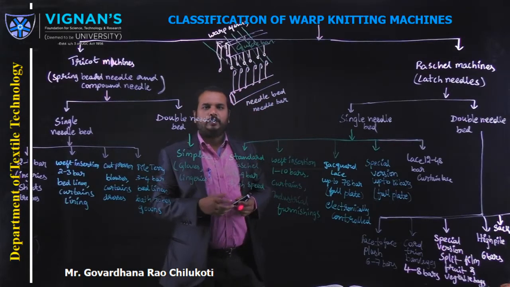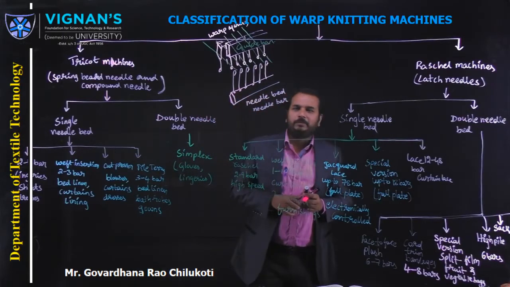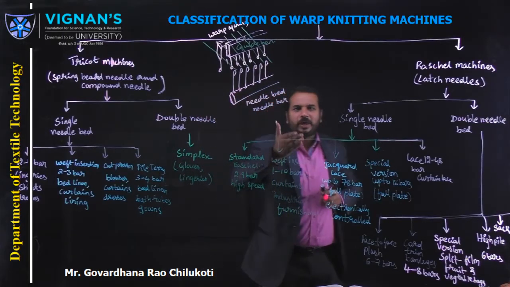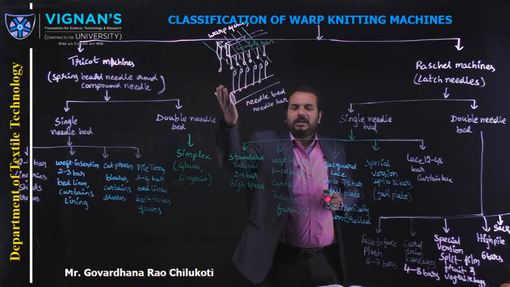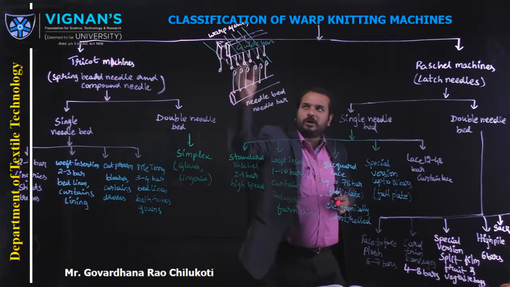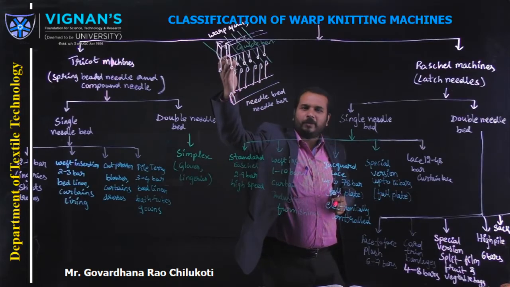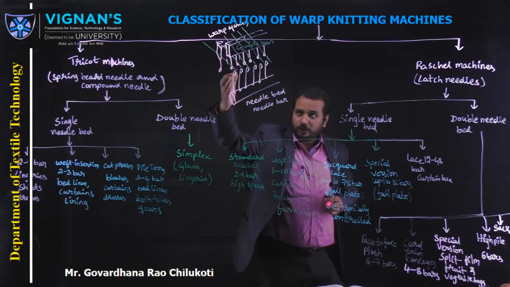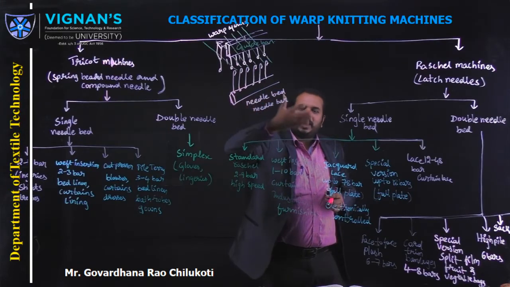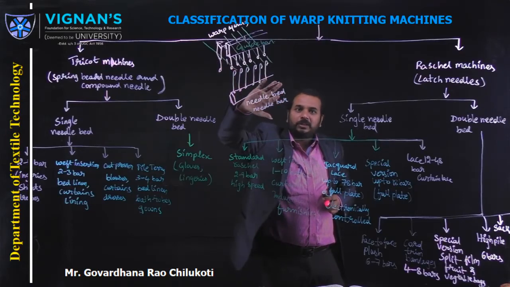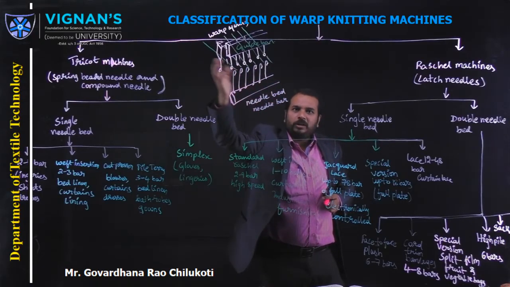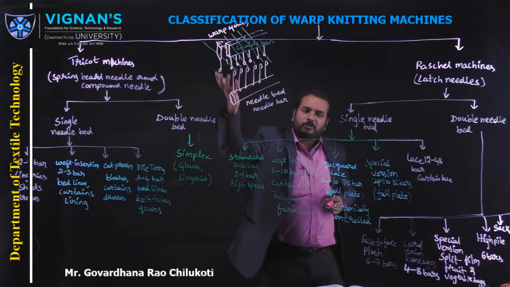For example, if you want to make a complicated fabric structure, guide bar 1 feeds the yarns to the needles first, and the second guide bar feeds the second time, then the third time again the second one, and the fourth course again the first one.